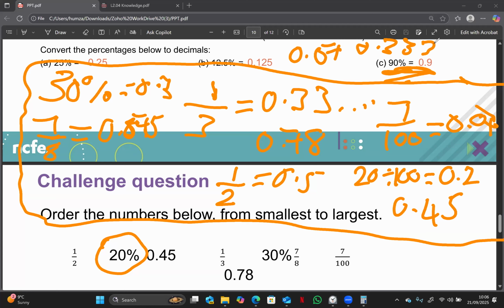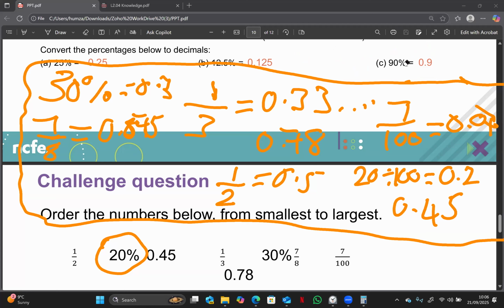No, I think you're getting it wrong. It's not 0.7, it's 0.07. Do you get why that's smaller?